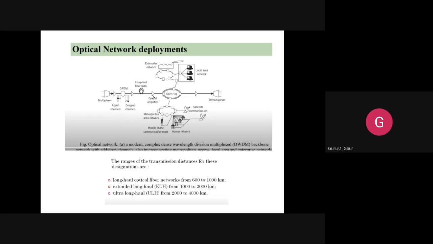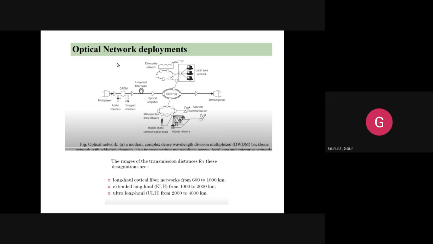Then we'll be having the optical amplifiers and the core ring. These triangles show the optical amplifiers, meaning they are acting like repeaters, simply doing the re-amplification at a particular distance. They are separated by a fixed distance.